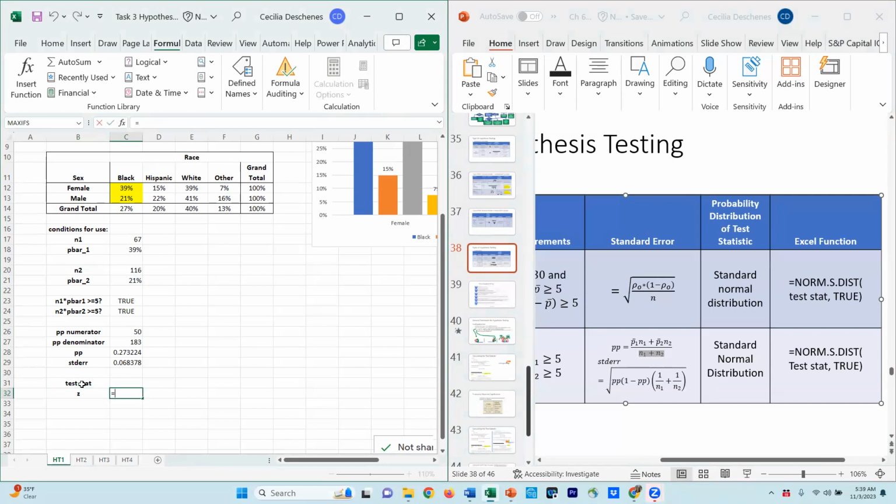And it's always going to have a similar form. It's the observed value, so it's P bar 1 minus P bar 2, the difference in our sample proportions, minus the expected value from the hypothesis.